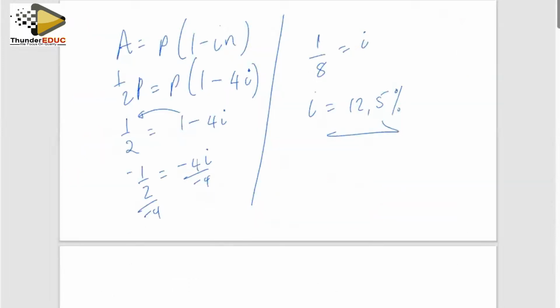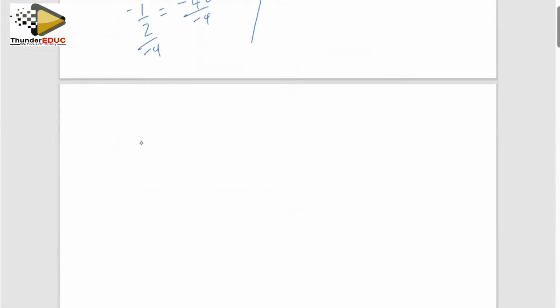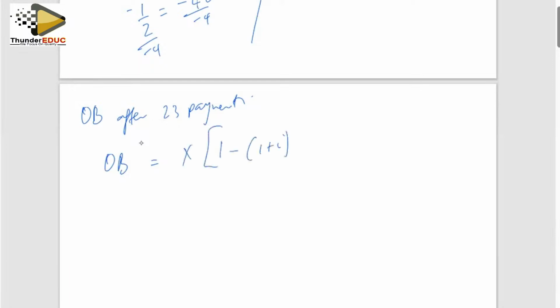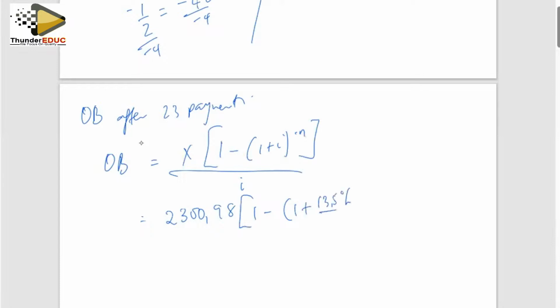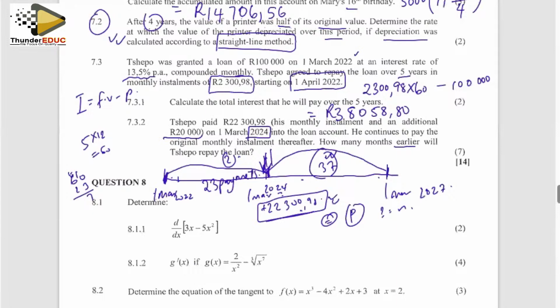Okay, so what we're saying is that the outstanding balance after 23 payments have been made. So OB is given as x times 1 minus 1 plus I to the exponent negative n, over I. So if it is 23.98 into 1 minus 1 plus, we said it is 13.5%. What is the compounding?